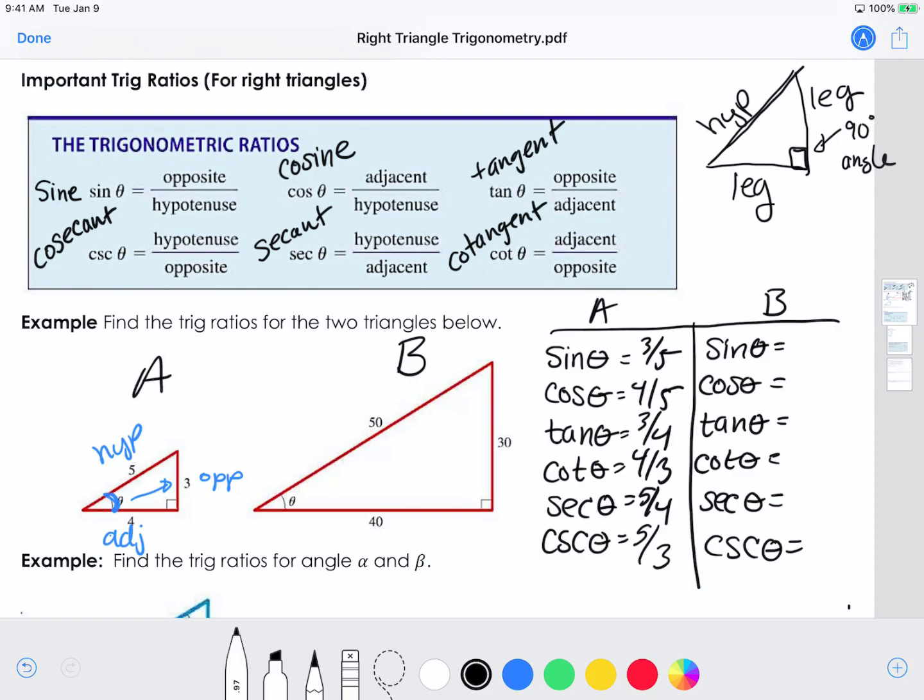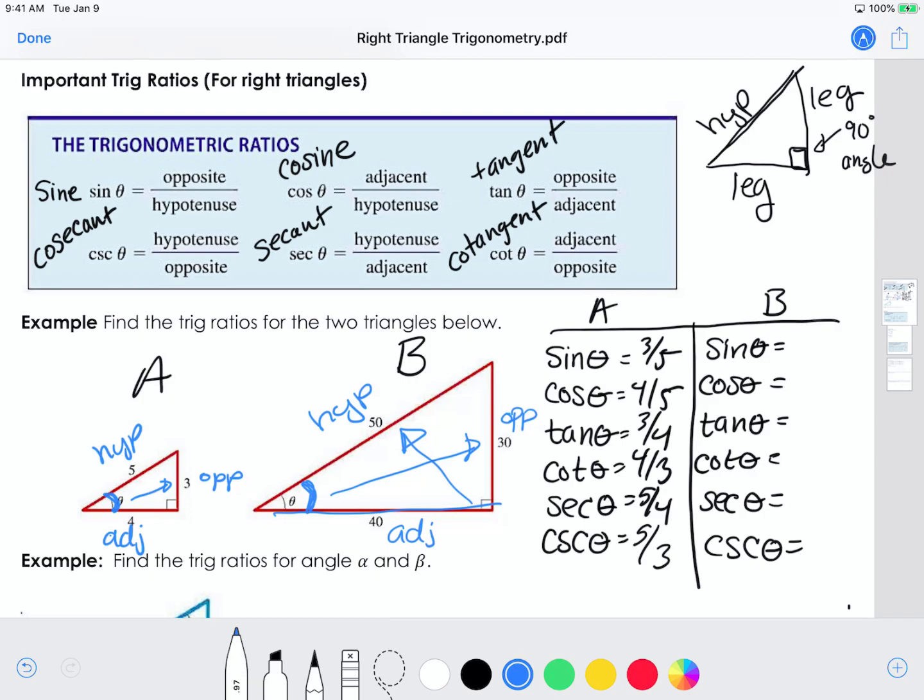Now we're going to do the same thing for triangle B. If this is our angle here, then this would be our opposite side, and this is our adjacent side. And of course, the side always opposite the right angle is the hypotenuse. But what we're going to find is that these ratios are the same, which is why we labeled the angle the same.